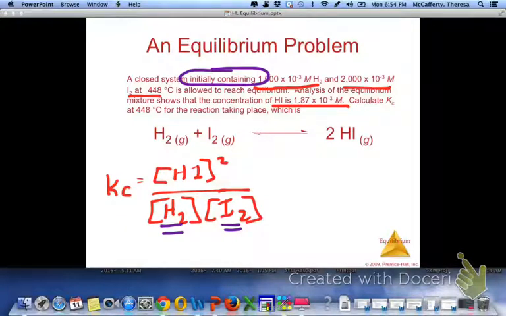So initially, that's how much of this and this I have. But in order to calculate the equilibrium constant, I have to have the concentration of the products and the reactants at equilibrium.